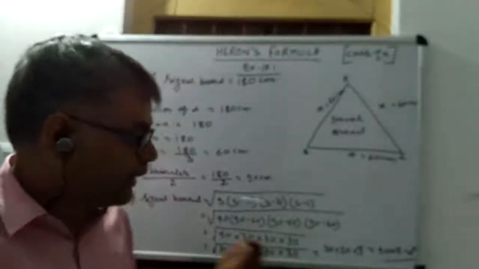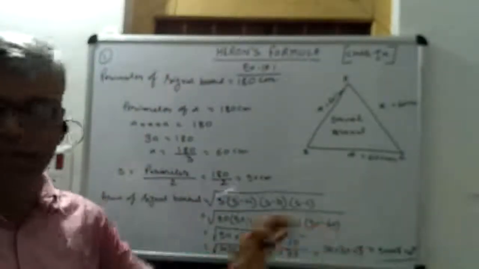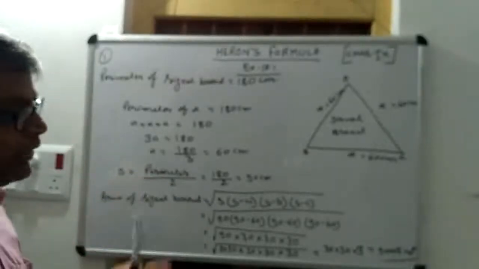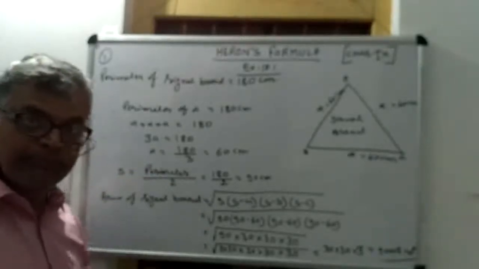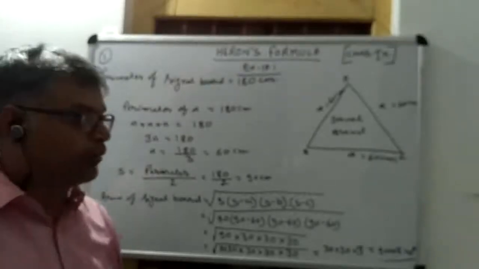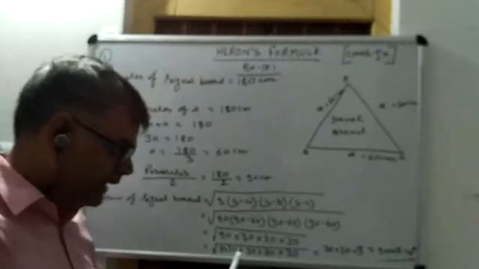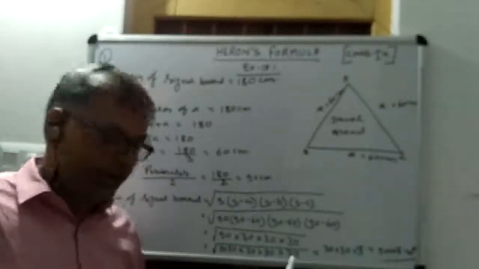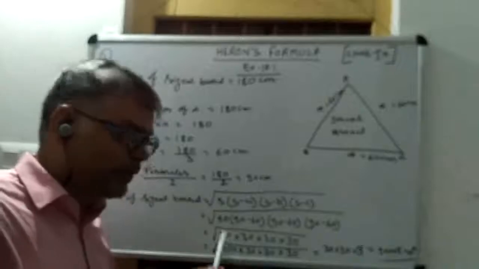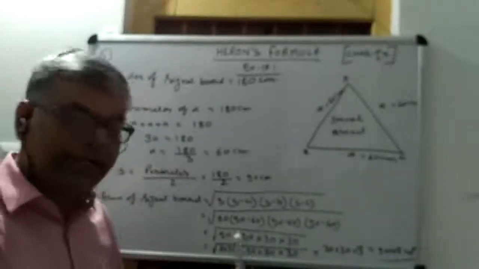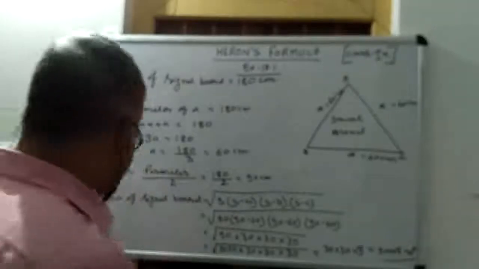Okay, or you can leave it here also. So this is the way by which you can solve the sum with the help of Heron's formula. The main thing is, if you apply this technique, then the calculation will become easier and it will take less time.